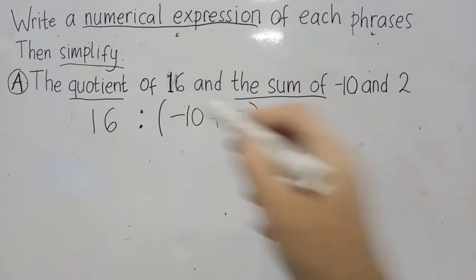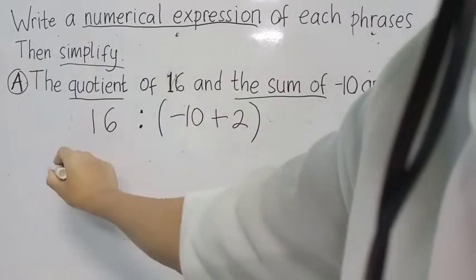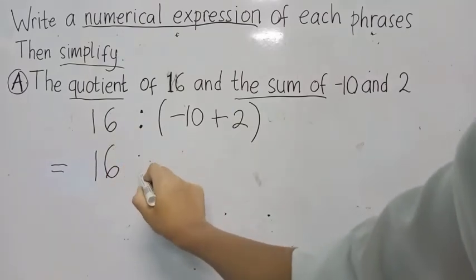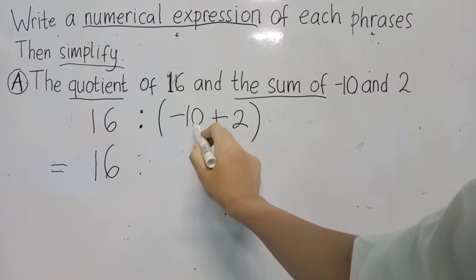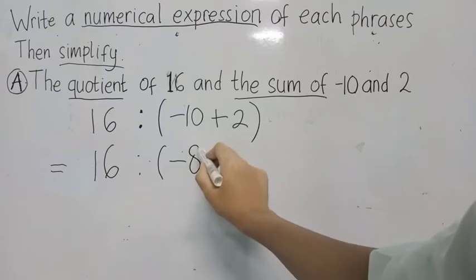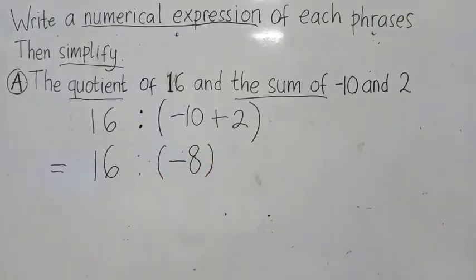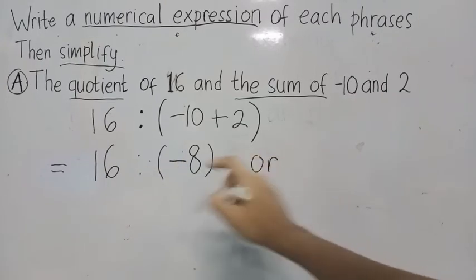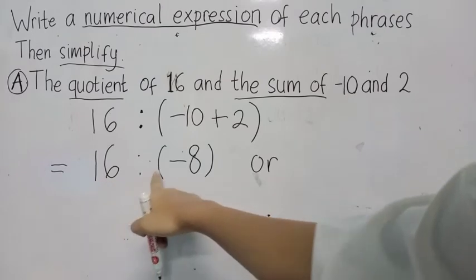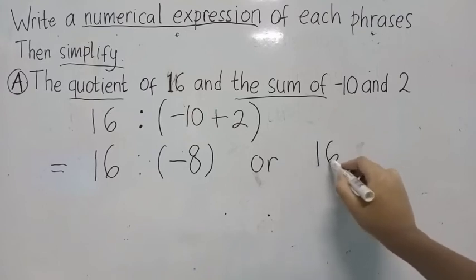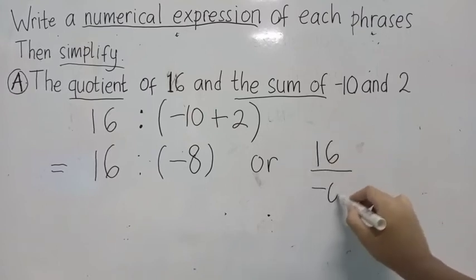Okay, next step. We write 16 divided by negative 10 add 2 equals negative 8. Okay, in your textbook, we can write 16 divided by negative 8 or 16 over negative 8.